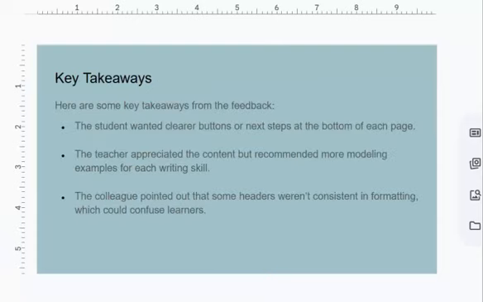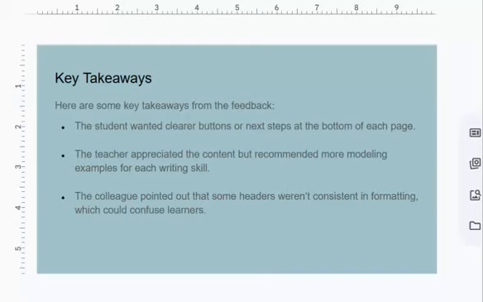So some of the key takeaways from the feedback that I received was the students wanted clearer buttons for the next steps, so buttons on each page. In my learning management system, you'll see that I added a resource button, a home button, things like that to help the students better navigate.